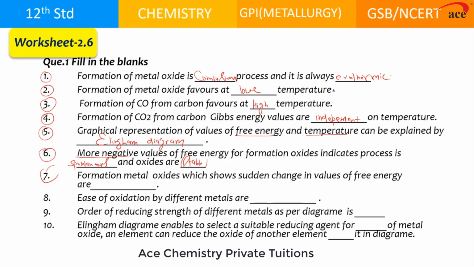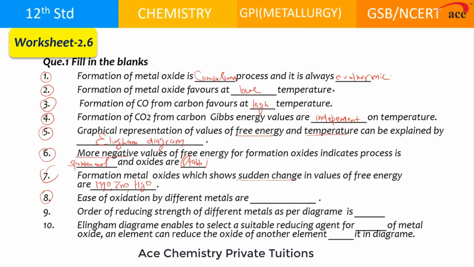Formation of metal oxide which shows sudden change. If there is an abrupt change or shift, these oxides are the formation of magnesium oxide, zinc oxide and mercury oxide. Eighth, if you will see, ease of oxidation by different metals. Ease of oxidation depends upon the values of delta G naught.